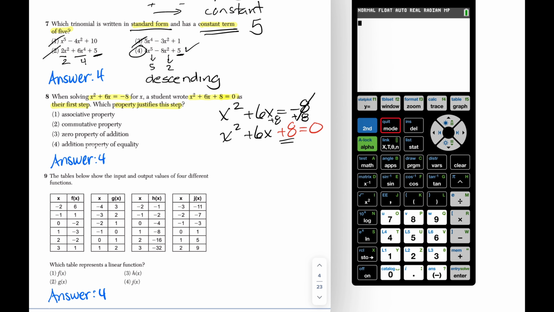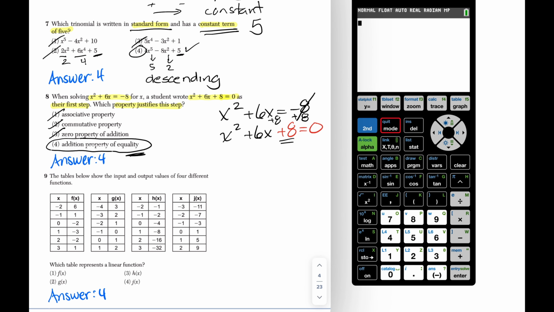So what property would that be? It's definitely not the 0 property of addition. It's not commutative, and it's not associative. It's the addition property of equality. Why? Because I'm keeping my equation equal. That's the big goal there, staying equal on both sides.